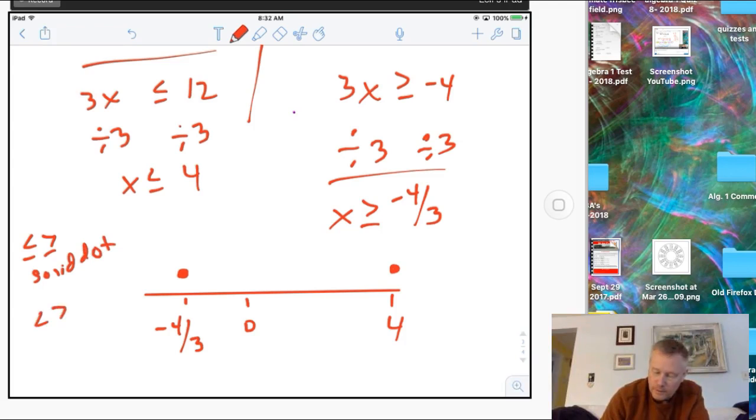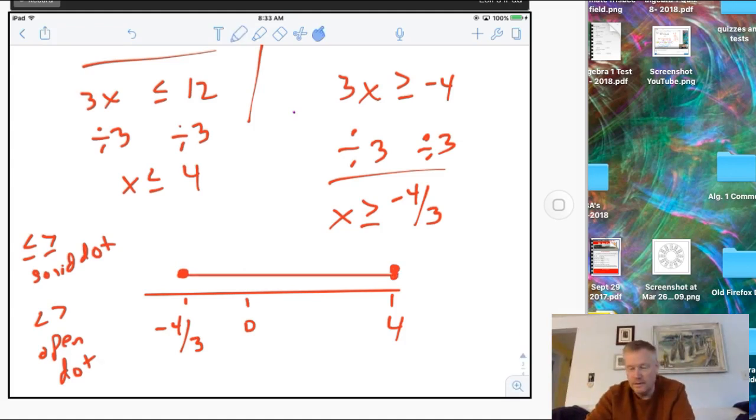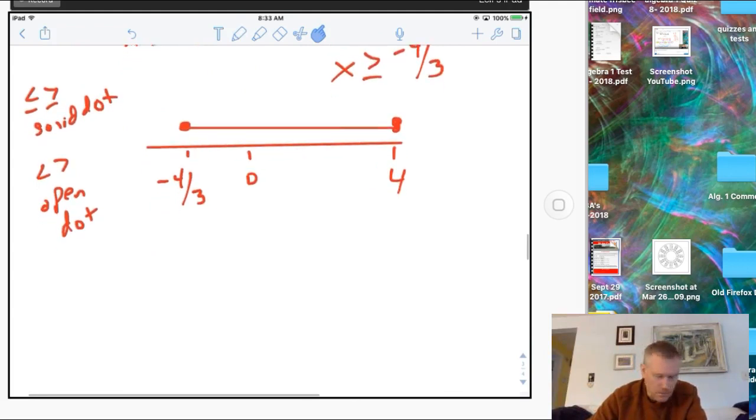If it's one of these two, it's open dot. Less than or equal to 4, that's this way. Greater than or equal to negative 4/3 is this way. So they're going to meet in the middle. So I'm going to connect the dots. There we go. And that's the answer. And it's graphed.